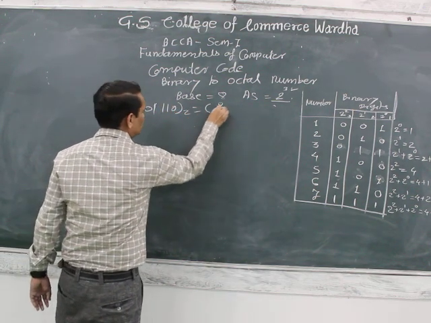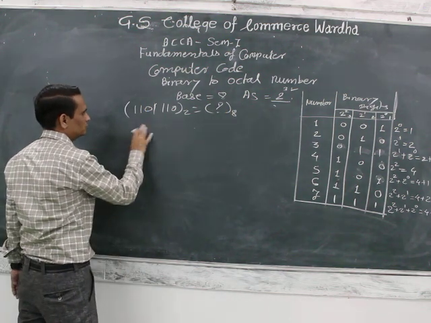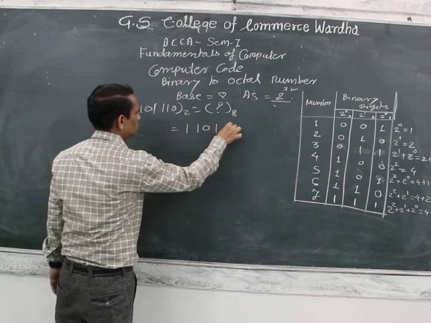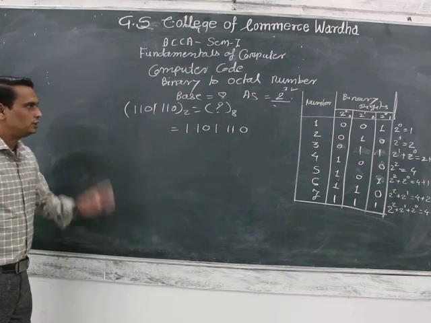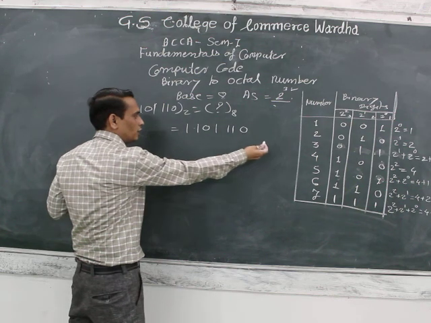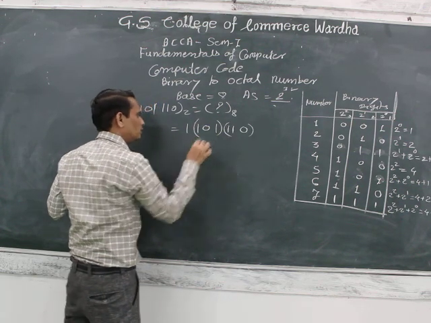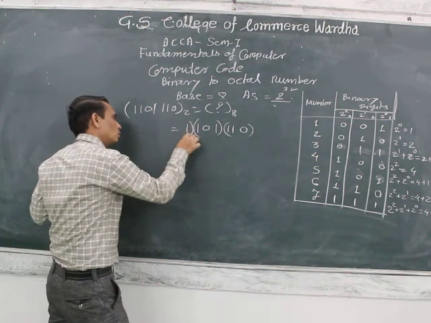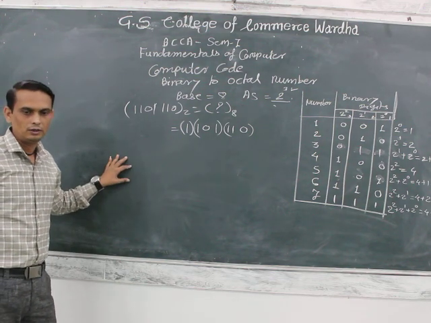Binary equals to octal. In these particular numbers, we group in 3 from right to left, 3, 3, and the remaining is 1. So group for 1 because we don't have other values.